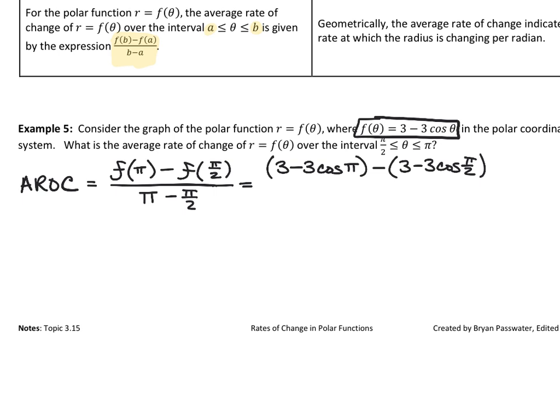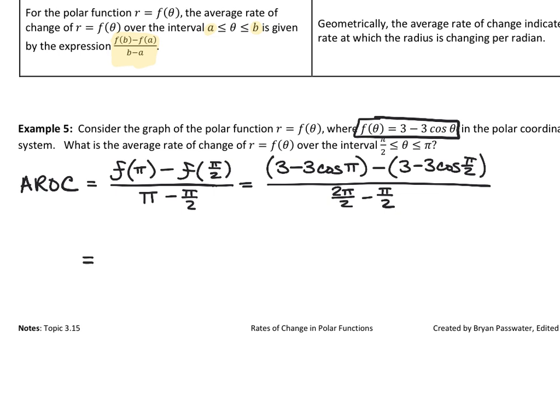I don't want to not distribute that negative sign. Then we'll do pi minus pi over 2. We can't do that math in our head unless they have a common denominator. So I'm going to write pi as 2 pi over 2 minus pi over 2 so that they have a common denominator.